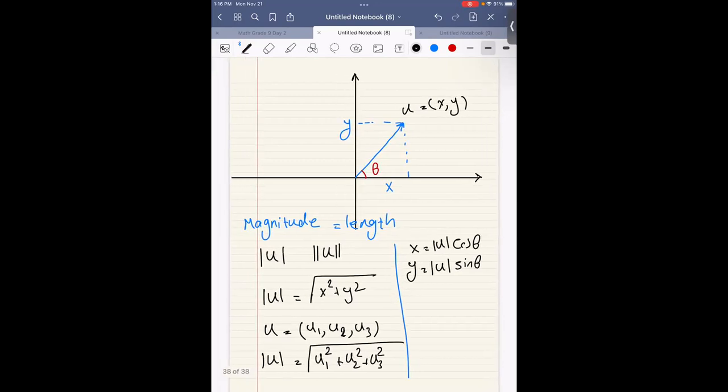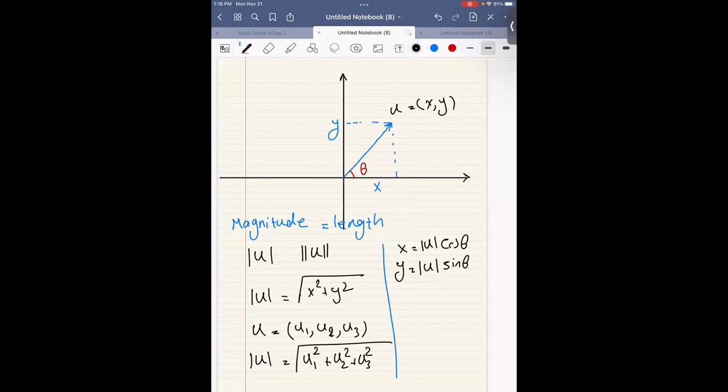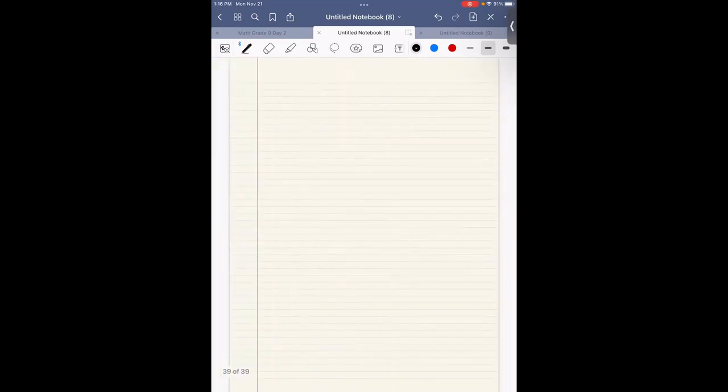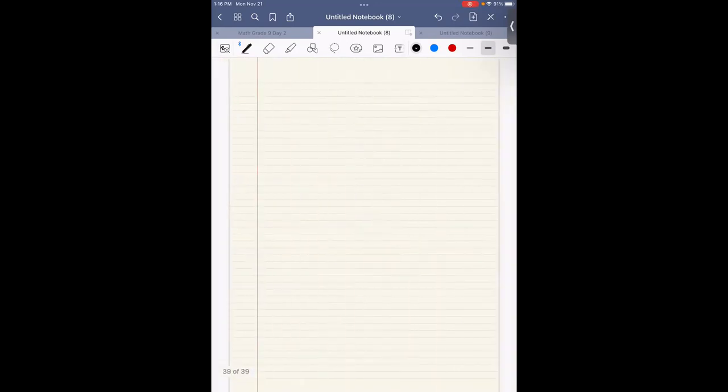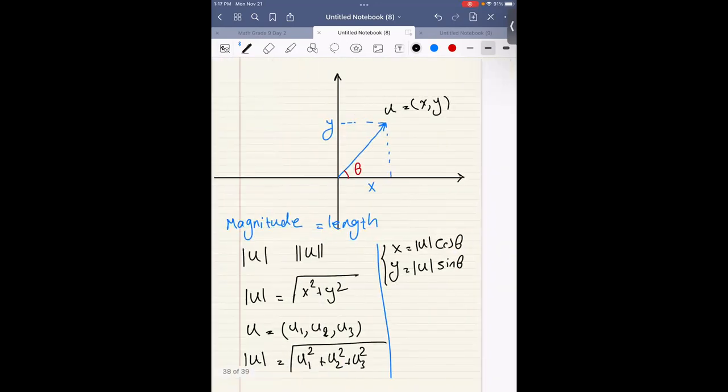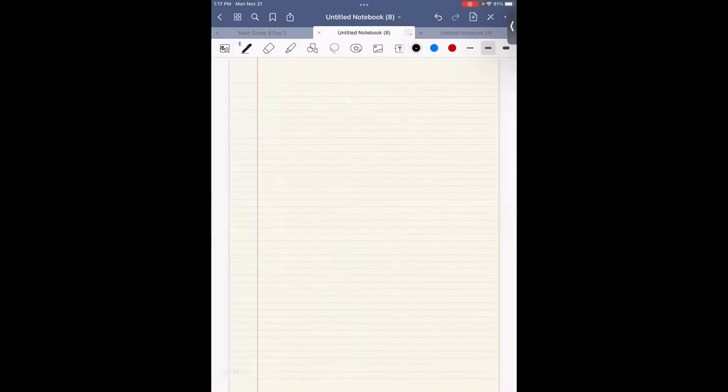So I also talked about the projection. So remember these two. You have basically two vectors.